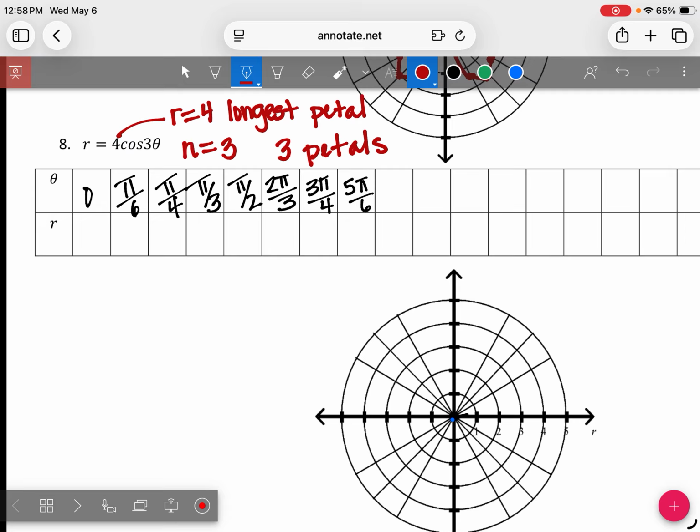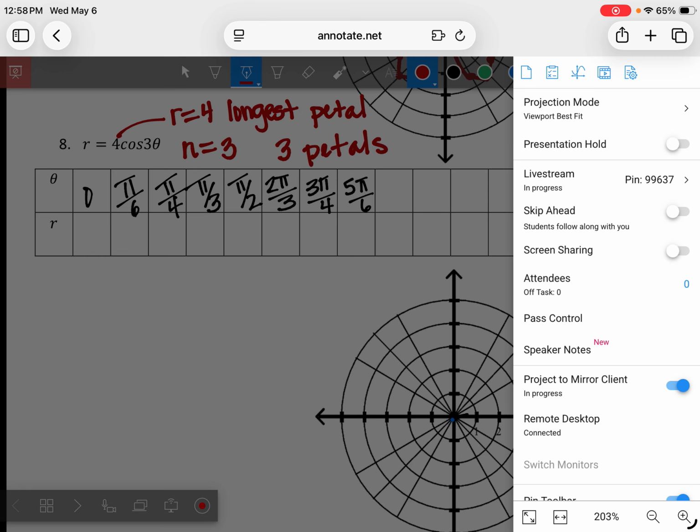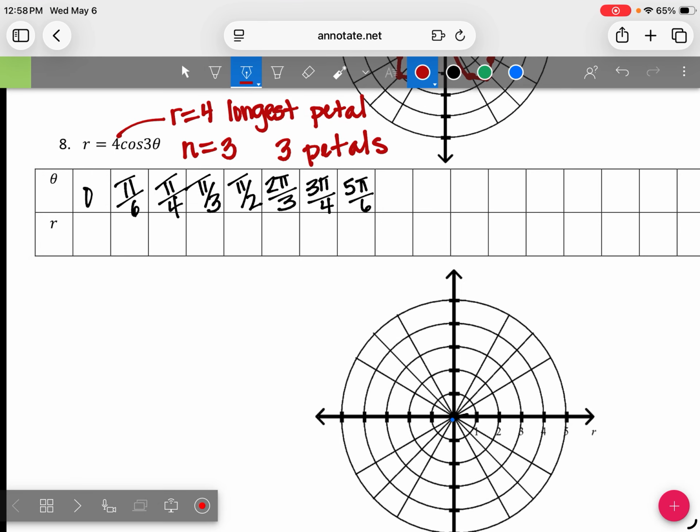So take a moment and just type in the first 4. Then we can finish out the rest together. So again, make sure when you're typing it in, you do 4 cosine, and then in one parentheses, 3 times pi over 6. They have to be together.